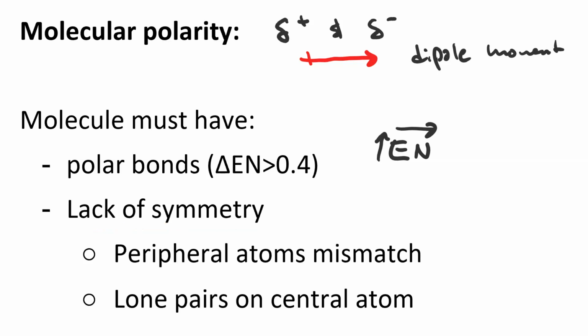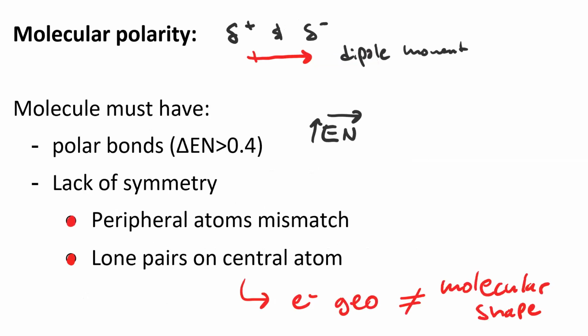A lack of symmetry can either be achieved through the peripheral atoms being mismatched or through having lone pairs on the central atom, where the electron geometry does not match the molecular shape. But the best way to determine molecular polarity is through drawing the Lewis structure.